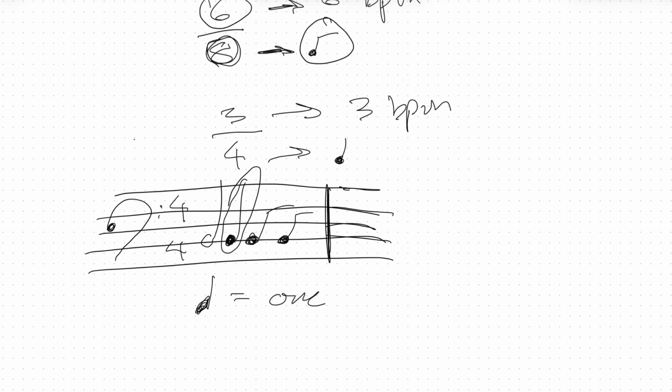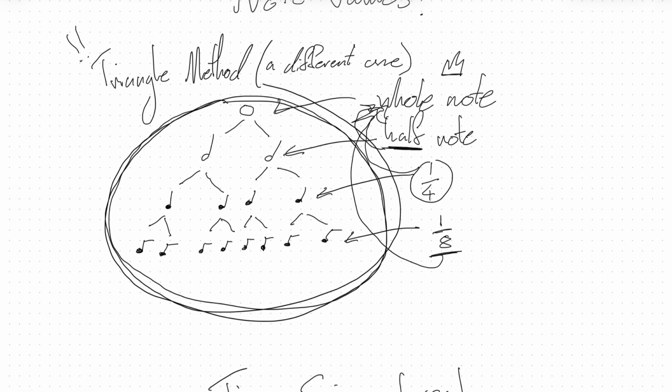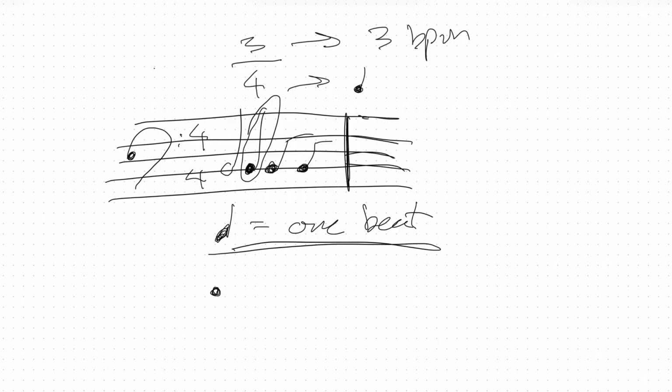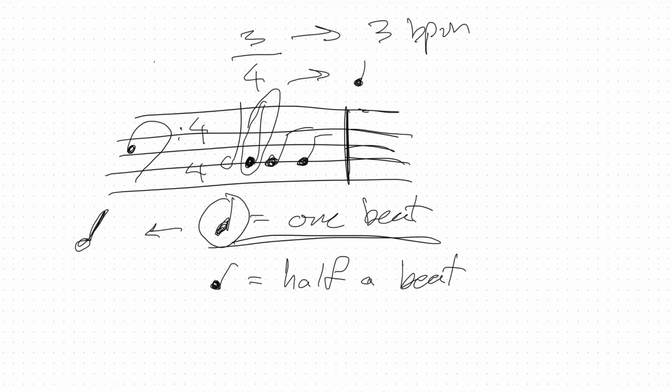And if that's the case, then an eighth note is half of a quarter note, as we can go back to our triangle method and see. That being said, the eighth note gets half a beat. And if the quarter note is half of a half note, then the half note is equal to 2 beats.